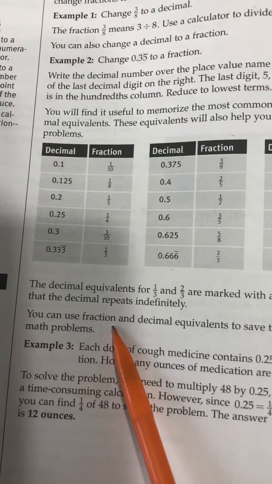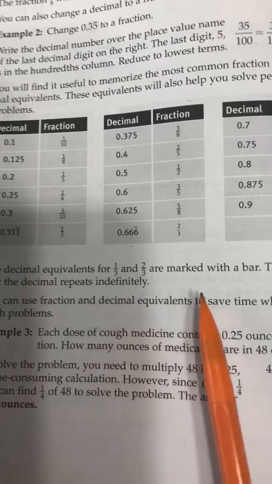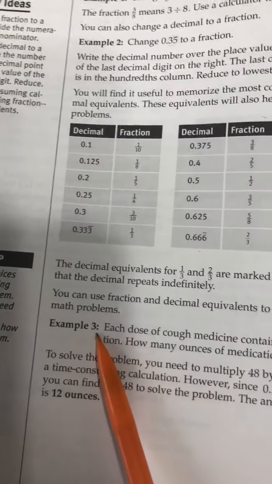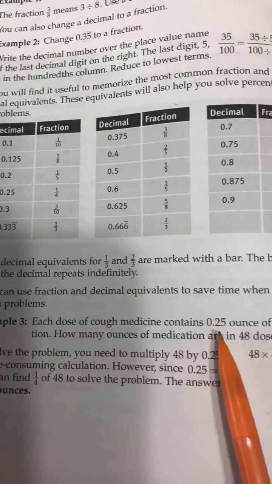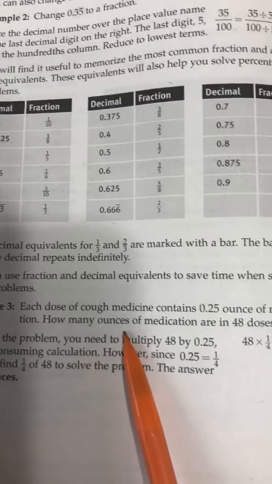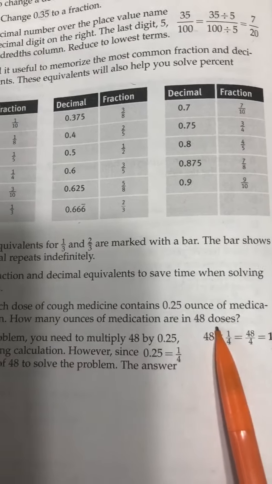You can use fraction and decimal equivalents to save time when solving math problems. Example 3. Each dose of cough medicine contains 0.25 ounce of medication. How many ounces of medication are in 48 doses?